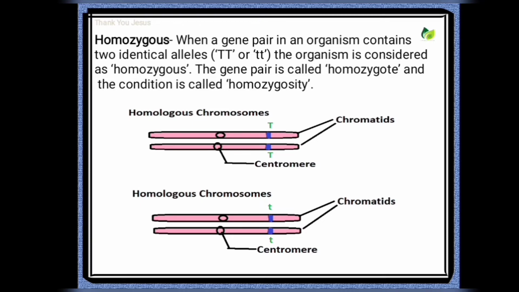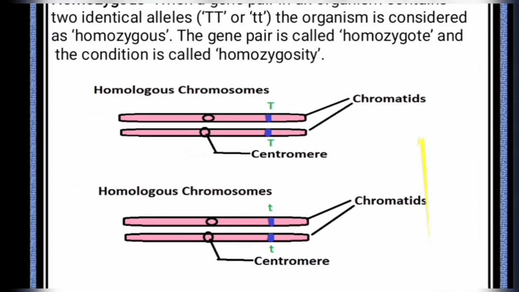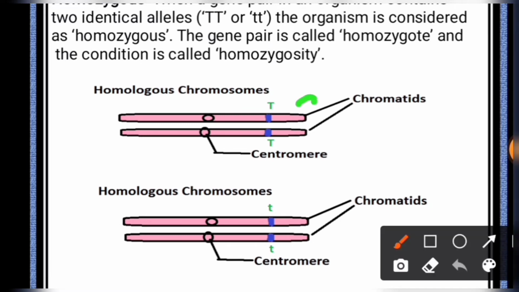If an individual has two copies of the same allele, look at the picture. These are the two copies of alleles, whether they are similar or dissimilar. Here we are observing similar alleles present on homologous chromosomes.